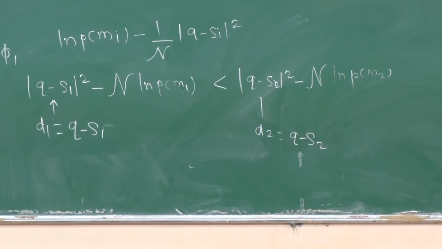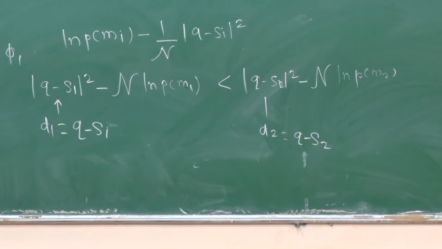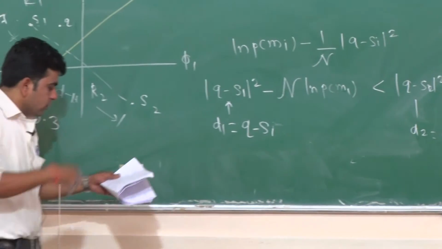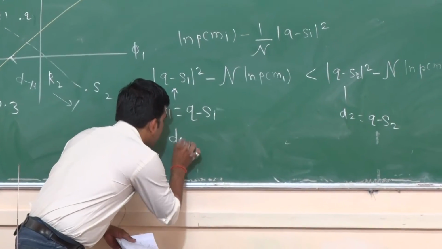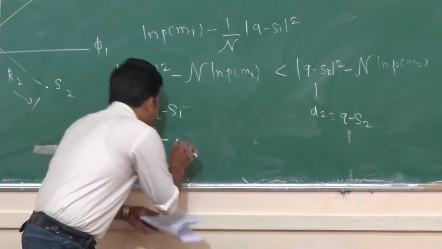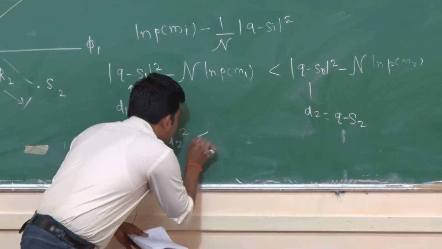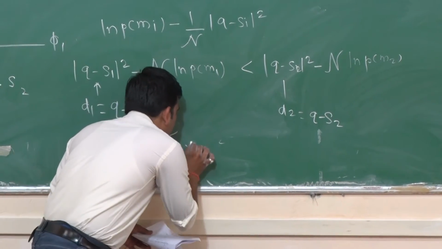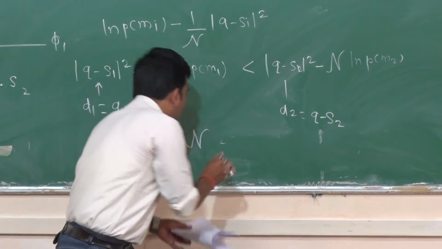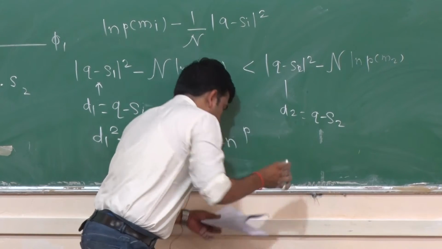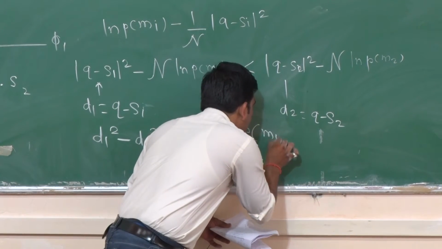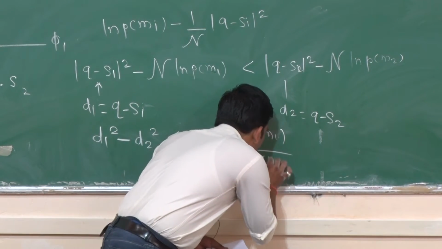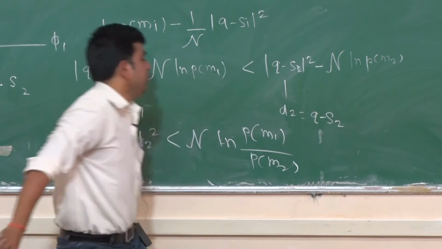In this equation we place q minus s1 equal to d1 and q minus s2 equal to d2. So this function becomes d1 square minus d2 square is less than the PDF of noise times the natural log of probability of m1 divided by probability of m2.